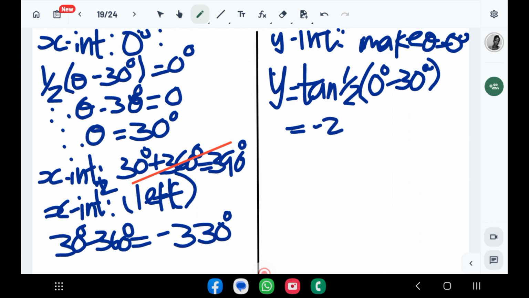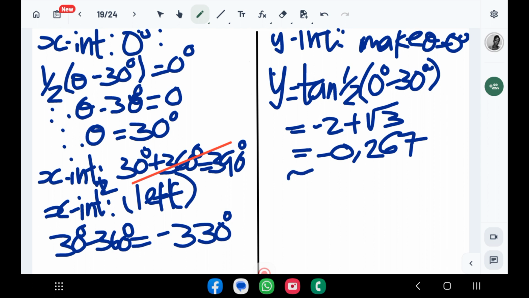When you press the S to D button, that gives you negative 0.267, which is approximately negative 0.27. All right, that's the y-intercept.